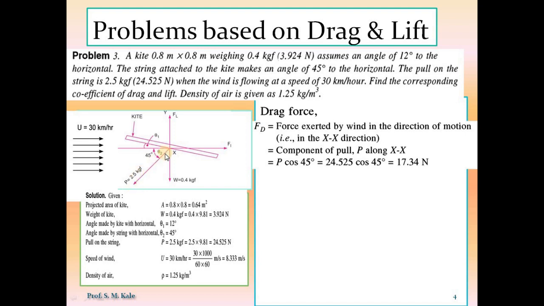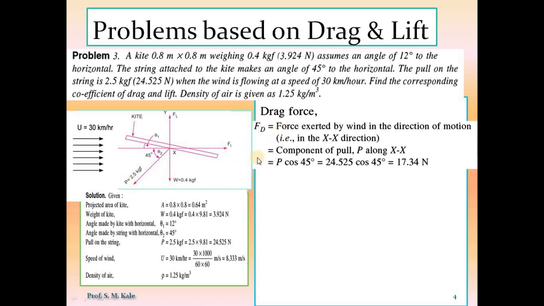Here the pull P is making an angle of 45 degrees with the horizontal, so this P can be resolved into two components. First one is P cos 45, which will act in the horizontal direction, and second one is P sin 45, which will act in the vertically downward direction.